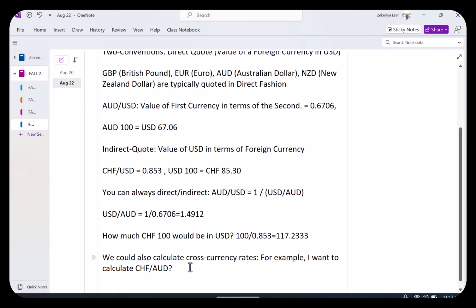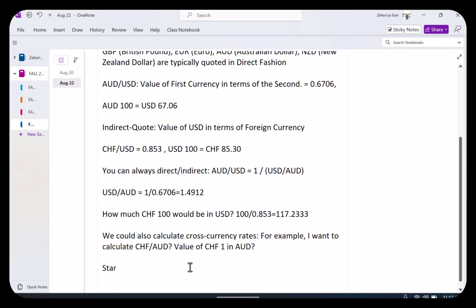Given that I know the exchange rate for Swiss franc, I know the exchange rate for Australian dollars. When I say CHF/AUD, I'm asking the value of 1 Swiss franc in Australian dollars. We're going to basically do a trip around the world, okay?